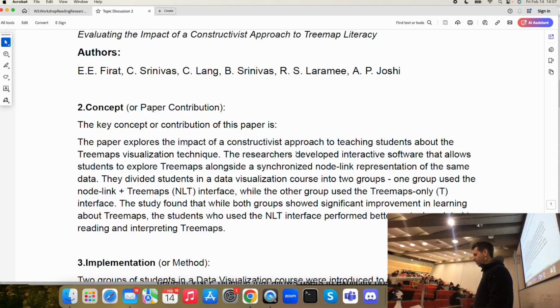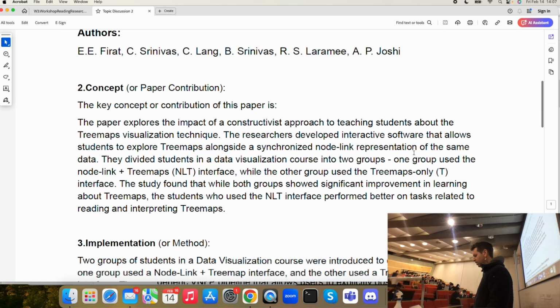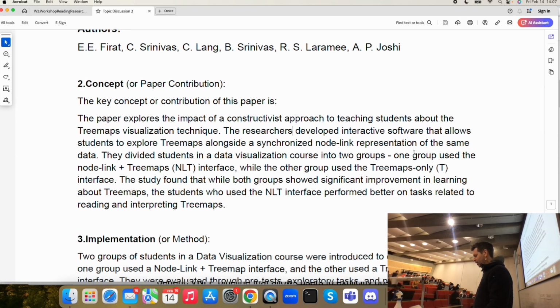The word developed interactive software, that is all about implementation. Remember the last lecture to separate the concept from the implementation? So just copying and pasting the whole abstract is going to result in points that are deducted. You'll get deducted points for this because you're confusing the concept with the implementation with the results and the evaluation. They should be separated.